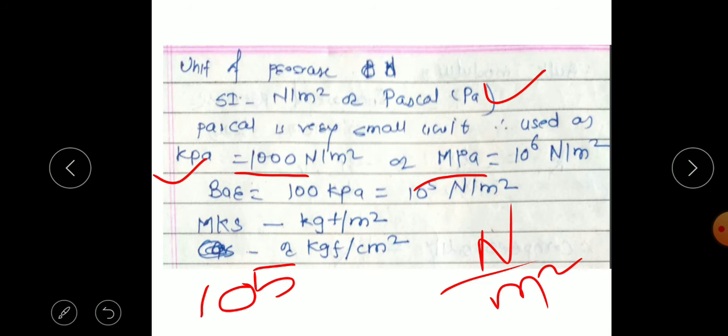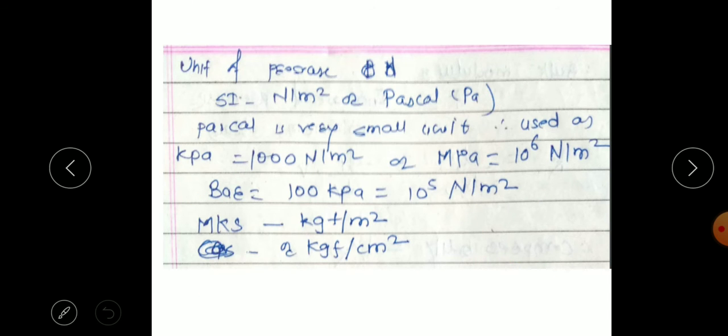Another unit, as we know, is the bar. Pressure is measured in terms of bar. One atmospheric pressure is taken as 1 bar, that is near about 10 raised to 5 Newton per meter square. In the MKS unit, that is meter, kilogram, and second system, the force we can write as kgf, that is force is the weight.